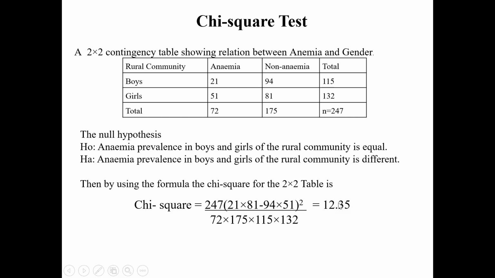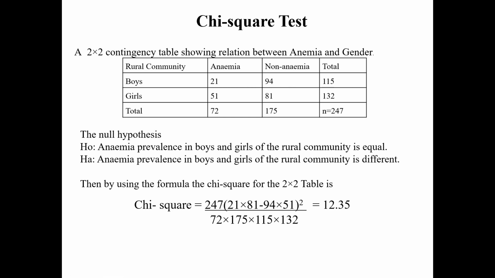Now here we also calculate the degree of freedom in chi-square, and the degree of freedom is equal to the number of rows minus 1 multiplied by the number of columns minus 1. What does it mean? In this 2 by 2 contingency table, we have 2 rows, boys and girls, so 2 minus 1, multiplied by the number of columns, anemia present and absent, 2 columns only, so 2 minus 1.